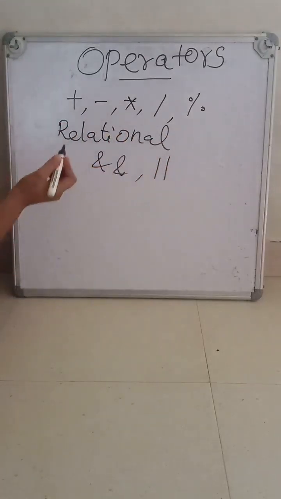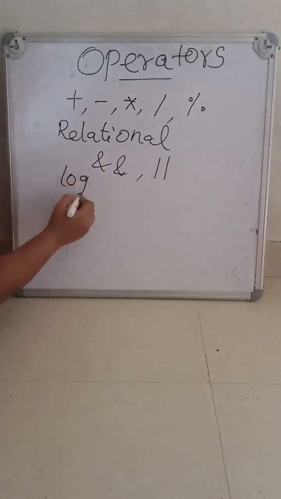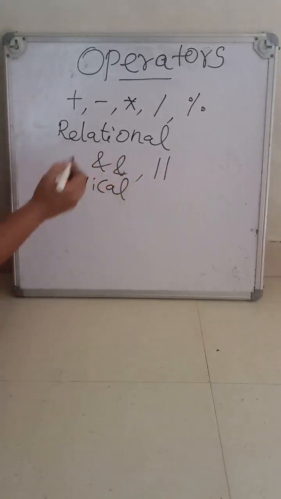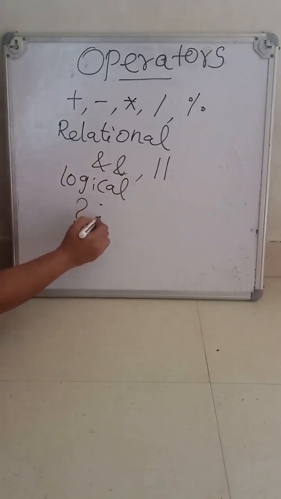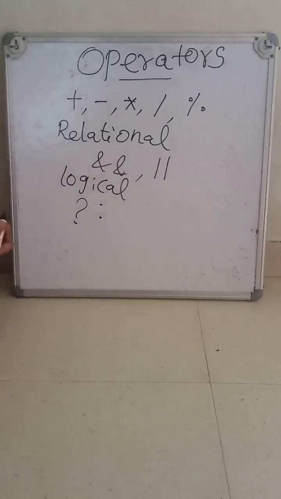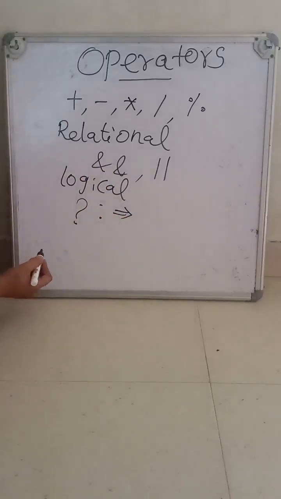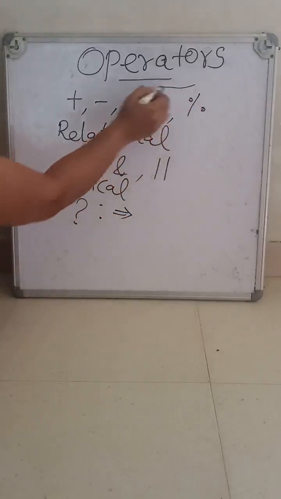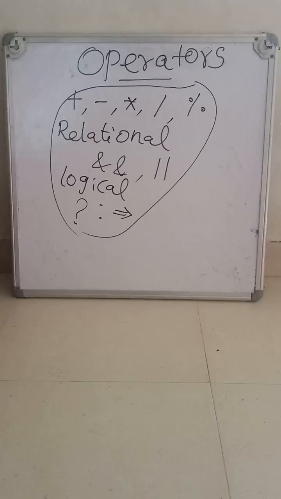We also have the logical AND operator, the logical OR operator, and the conditional operator, which can be called a ternary operator. These are some of the operators that we are going to use in programming languages.